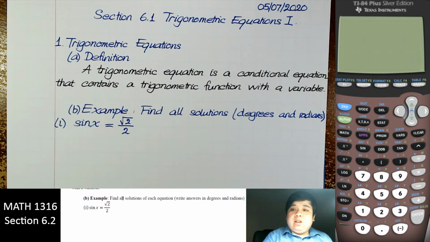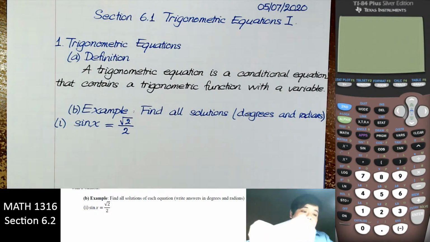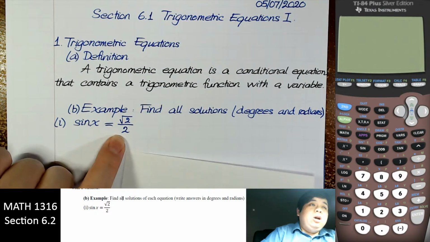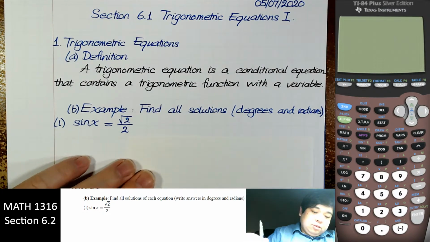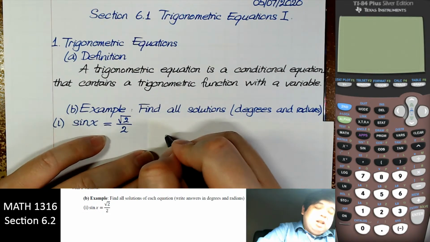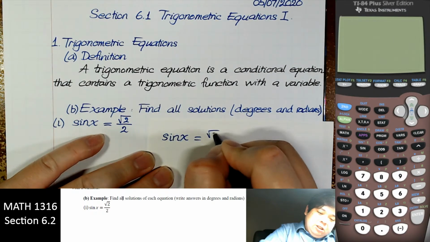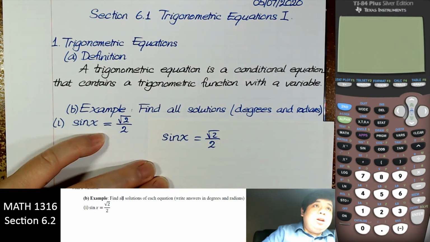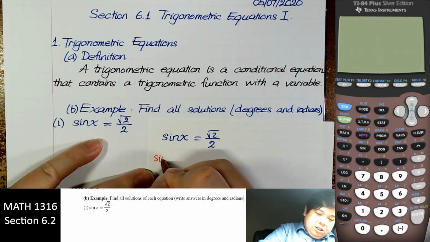But the first thing we learned from last time was, if sin x equals square root of 2 over 2, one way to get one answer is just to take the inverse. So I just write this; this is not the actual solution though. So if we want to get back to x, we'll have the inverse.